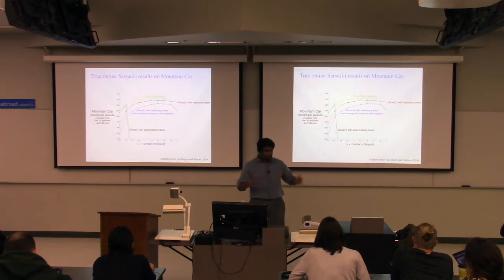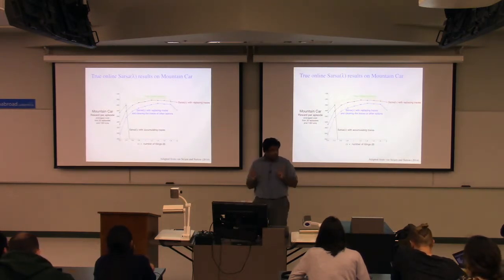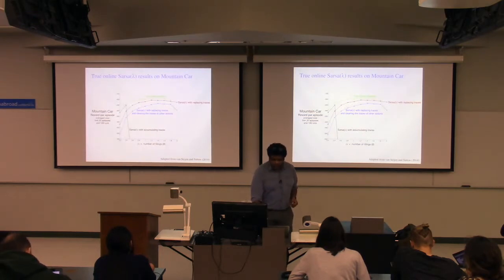Clear? So we've done TD lambda. We say, well, what if we just replace those state values with action values, make a control algorithm out of it, and we're here, right? We get better control performance, and stable over a range of step sizes.